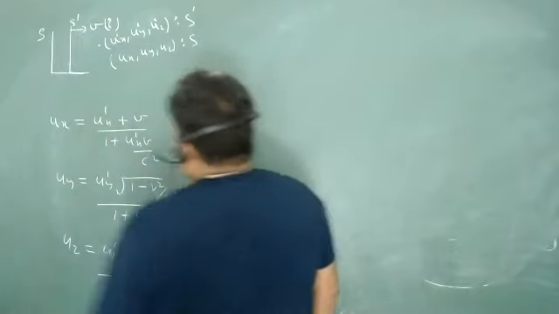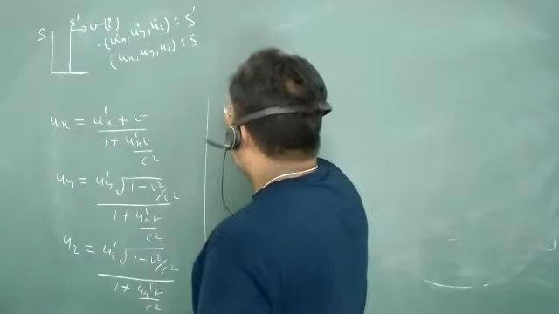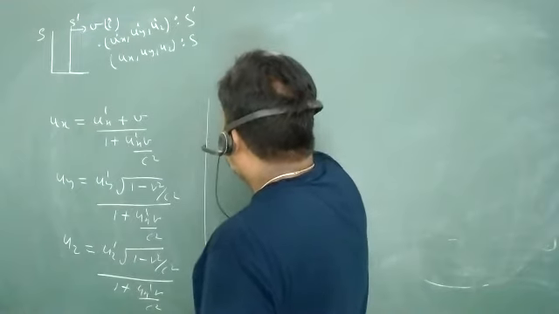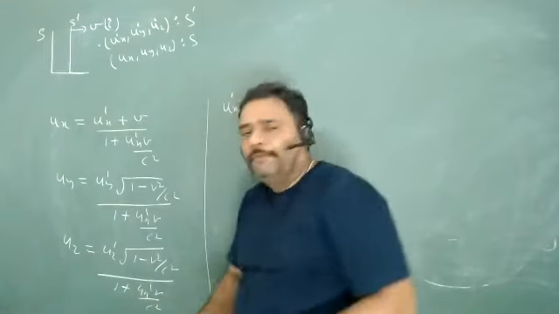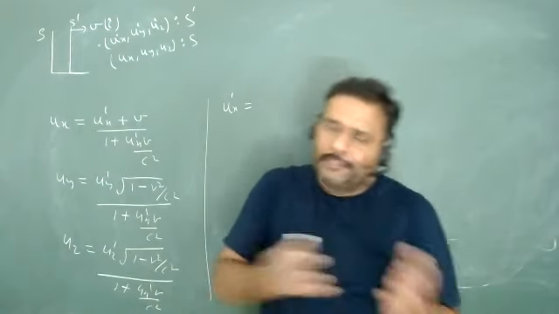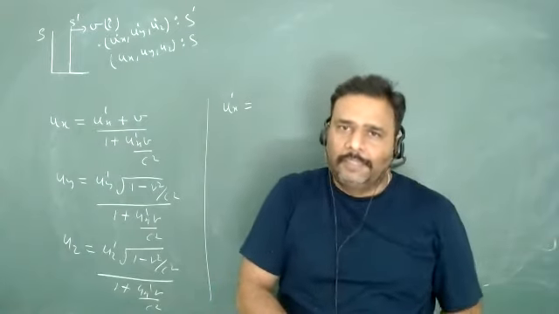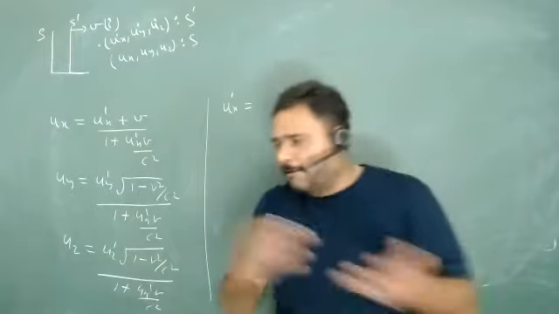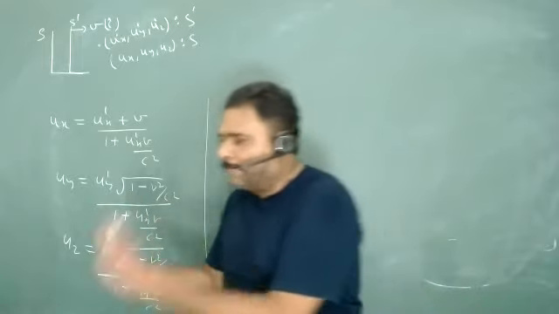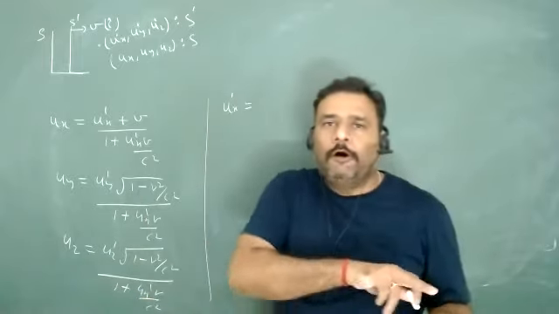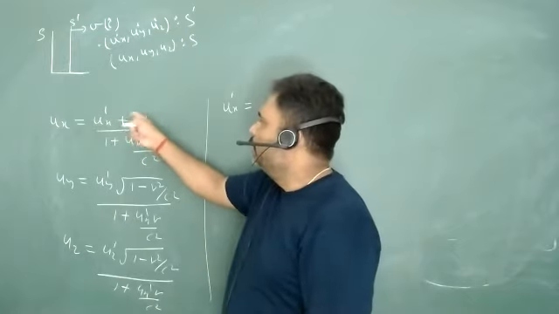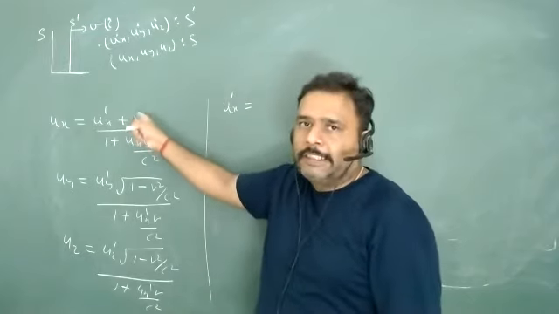Then how will you write ux dash? What do you have to do? If Lorentz transformation is there, inverse Lorentz is always there. You can jump from one frame to another frame only by changing the sign of v, isn't it? Only changing the sign of v.